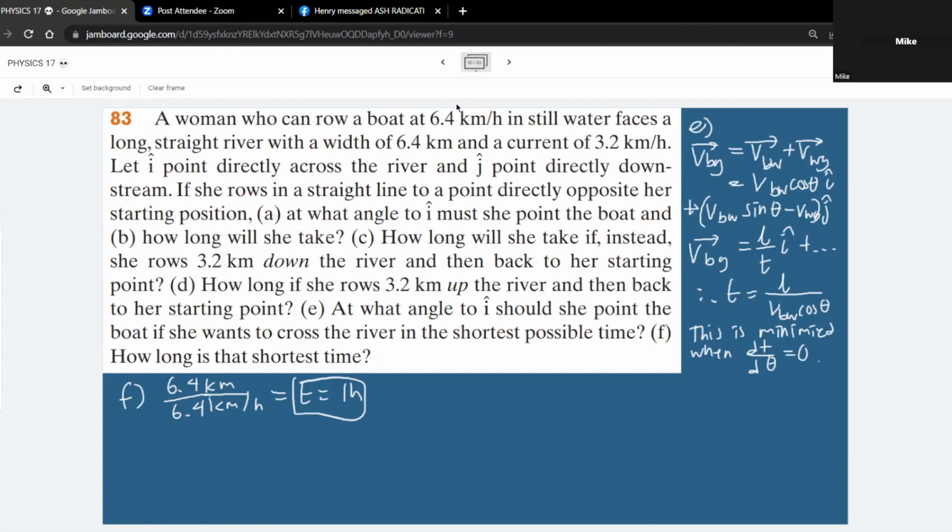If she rows in a straight line, to a point directly opposite. At what angle must she point the boat? And how long? Ito pa yung mga textbook examples of why you should never cross the rapids.